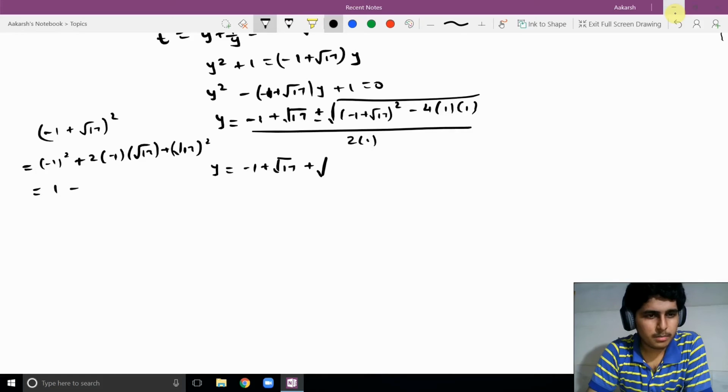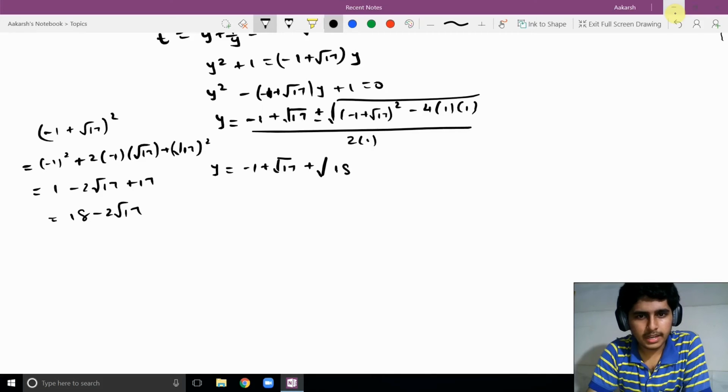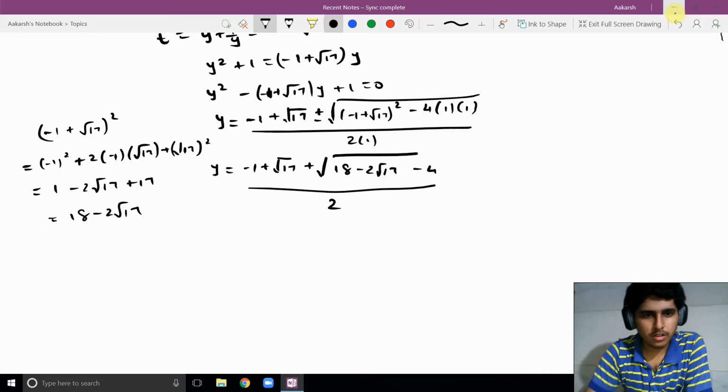So it is 1 minus 2 root 17 plus 17. So it is 18 minus 2 root 17. 18 minus 2 root 17 minus 4, the whole divided by 2.